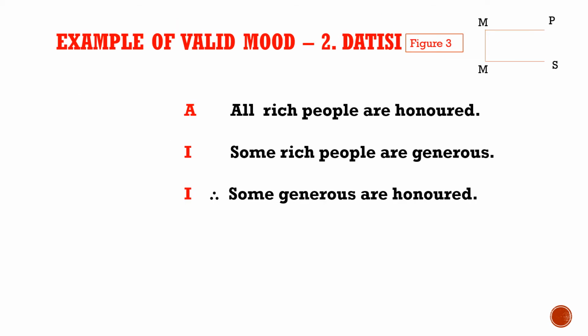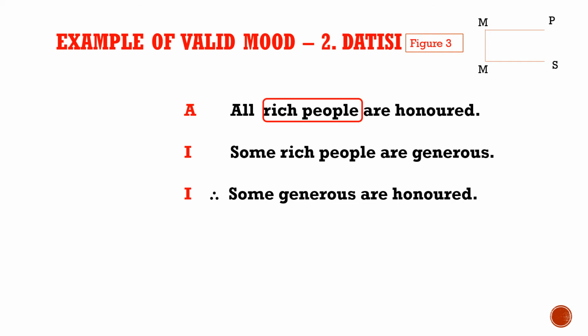The example of the valid mood Datisi of figure 3 is AII. Let us take an example. All rich people are honored. Some rich people are generous. Therefore, some generous are honored.